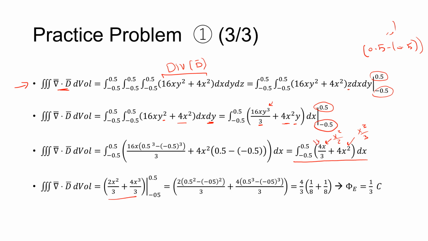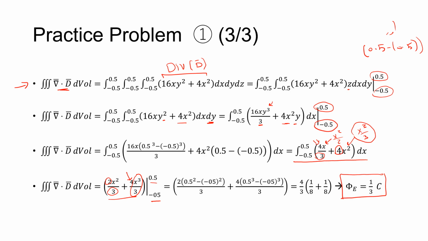When you divide by 2, it will just become 2, and this 3 comes here, and this x squared, x cubed, sorry, in this term, and you already have 4, it will come here also. Finally, you just apply the limits of the integration minus half and half, simplify, and at the end you will get that psi_E is just equal to 1 over 3.